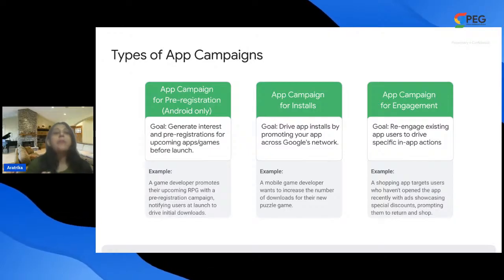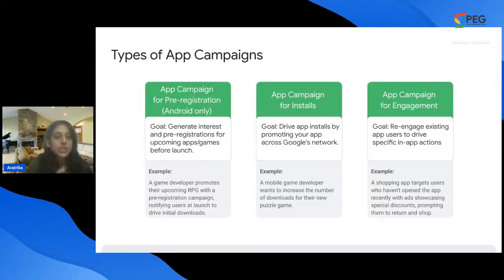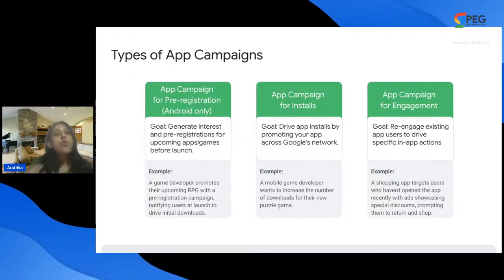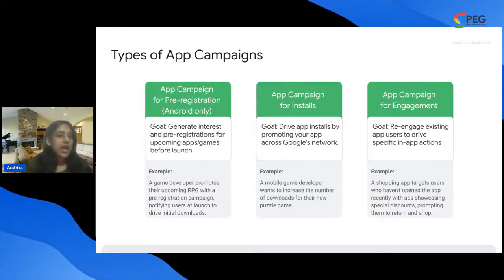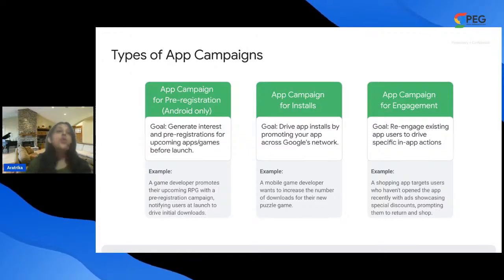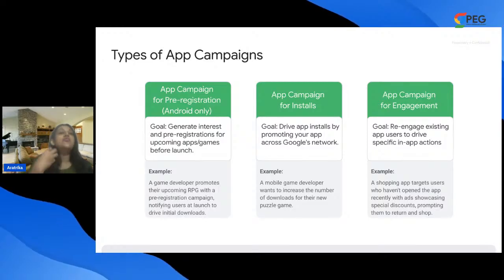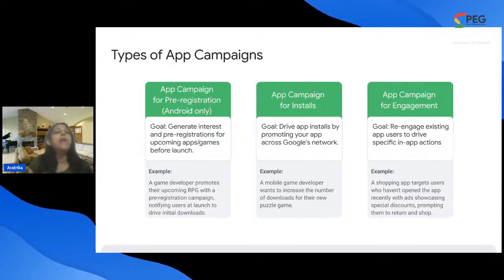Now, coming to app campaign for installs, it is for those advertisers who have launched their app and whose focus is primarily to have more and more installs. The other kind of campaign type that we have is app campaign for engagement, which is where the app is launched and installed, but now the advertiser wants to generate more in-app actions.